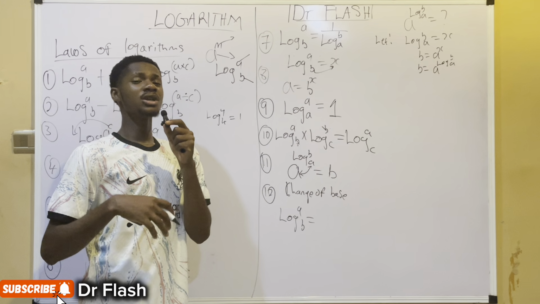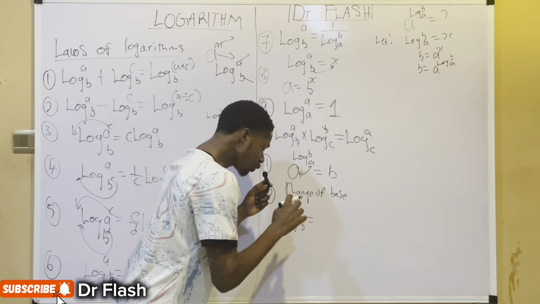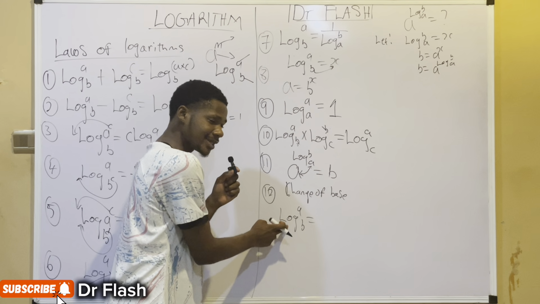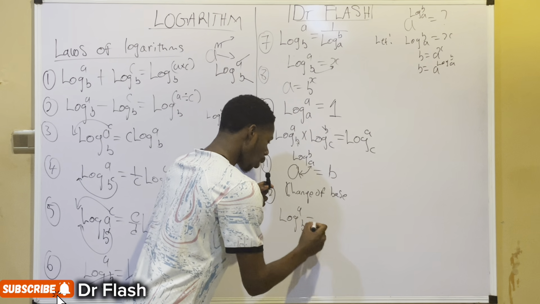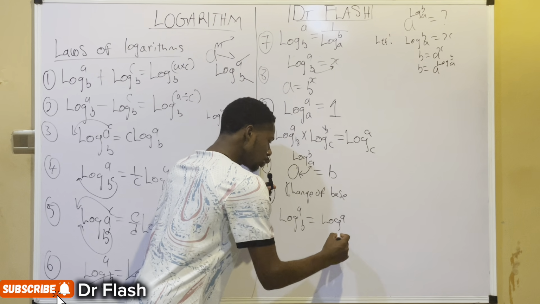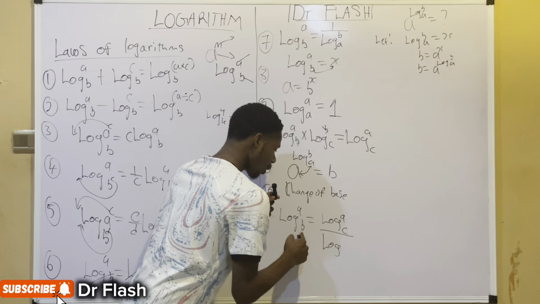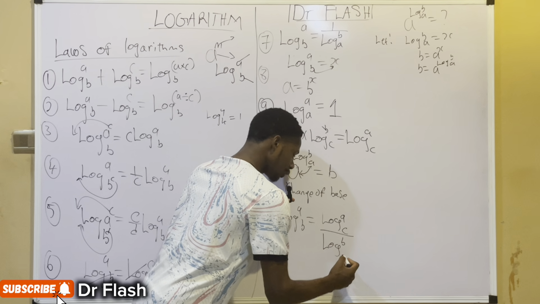Let's say a new base C. To put in that new base, here is how we are going to rewrite this log. So this now becomes log of our normal exponent A and our new base C, divided by log of our initial base B and our new base C.